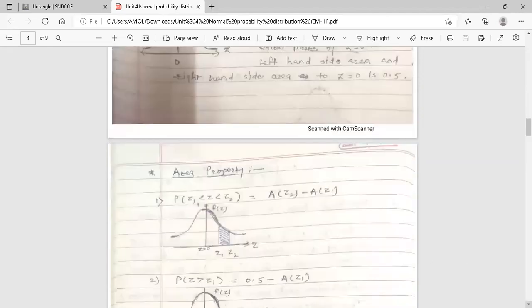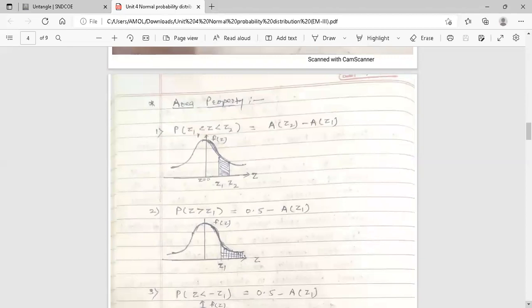Now the area property. First one, probability between z1 and z2. When we have to find the probability between x1 and x2 using the normal distribution, we convert x1 and x2 in terms of z1 and z2, and then we find the probability between z1 and z2.